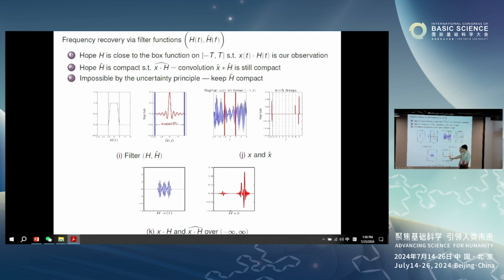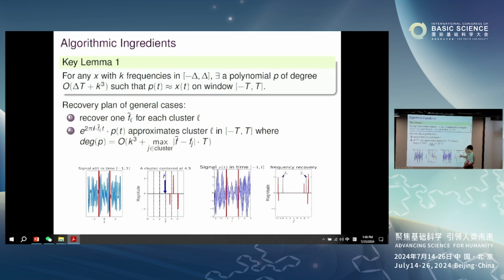While this looks a little bit not in a very nice form, they are very compact, because h hat is compact. So after convolution, these 2 parts are also compact. So I can give a rough estimation. This will help my algorithm give a rough estimation of the original frequency, like the flag f tilde I mentioned before.